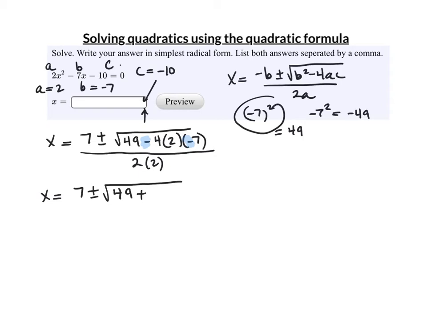And 4 times 2 is 8, and 8 times 7 is 56. And this is all over 4. And 49 plus 56 is 105. So this is 7 plus or minus the square root of 105 divided by 4.